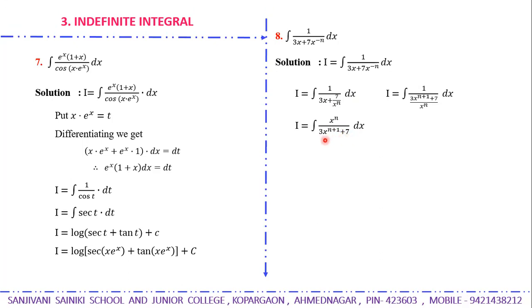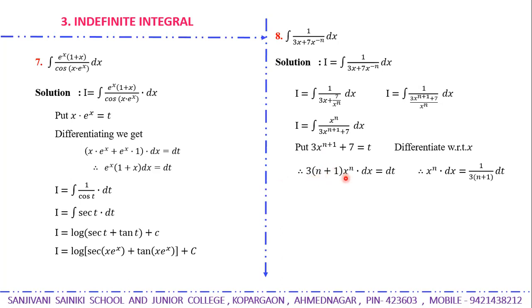Now here we will put x raised to n plus 1 is equal to t, or we can replace the total denominator by t. So 3x raised to n plus 1 plus 7 is equal to t. Differentiate this, you will get 3 times n plus 1 into x raised to n times dx is equal to dt.